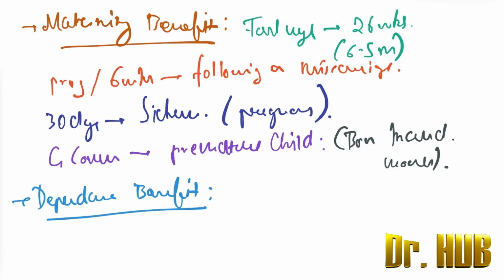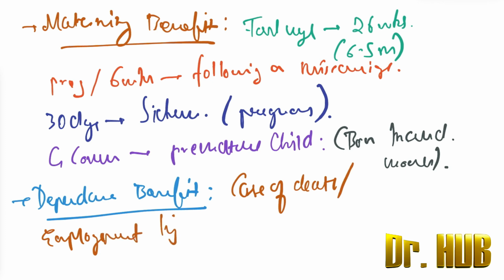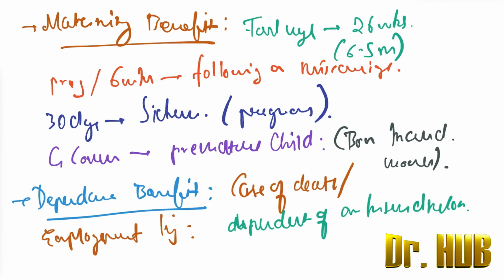In case of death as a result of the employment injury, the dependents of an insured person become eligible for periodical payments.